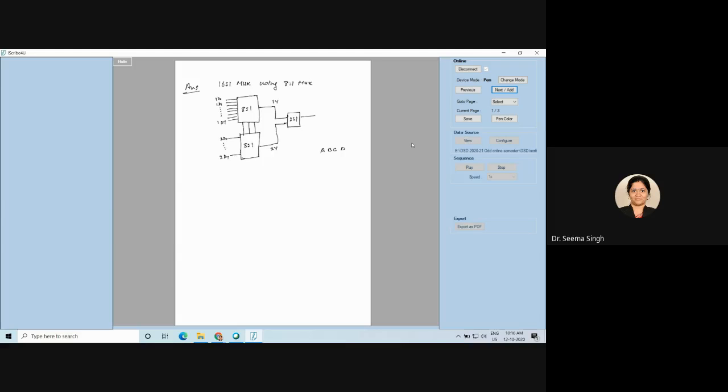So this is your LSB, this is your MSB. Tell me the connection. Which select line will be what? You have done this question as homework also. Tell me fast. What will be this select line and what will be these 3 select lines if my variables are A, B, C, D?